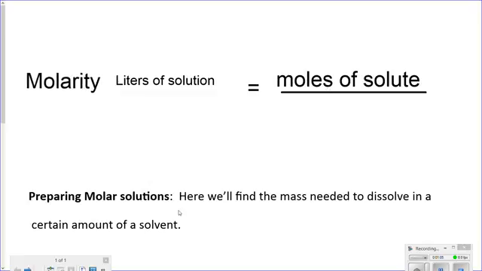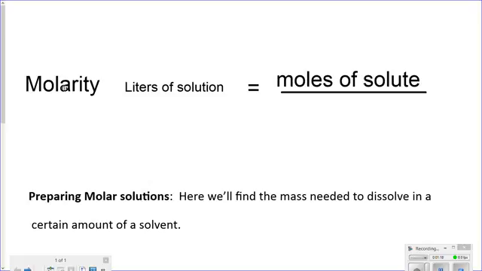So the question says, find the mass needed to dissolve. I'm going to find the moles first, and then from the moles, find the mass. It is molarity given to me times liters given to me equals moles of solute. And from this, I will find the mass.